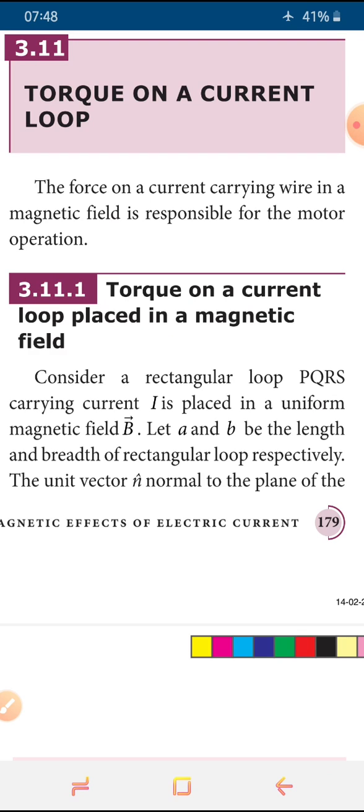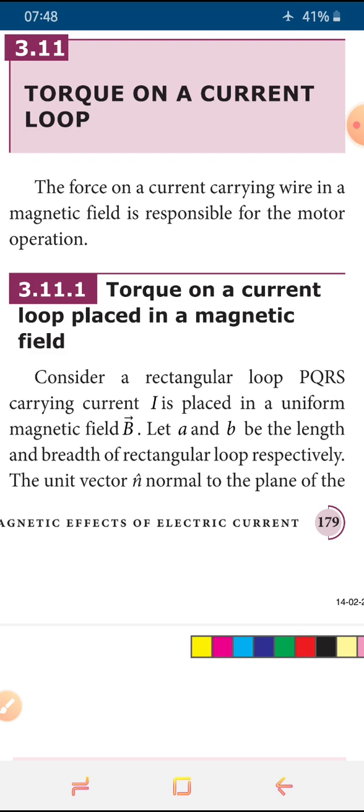So in that process we are using this concept. Current is needed, and the wire is placed in a magnetic field, then some force will be created there, and that force is operating the motor. It is used to pump the water easily from ground to first, second or third floor, etc. This is the main concept we are using.